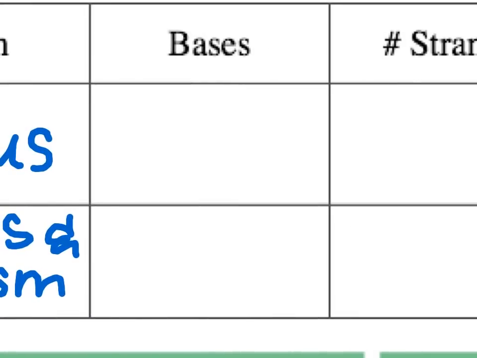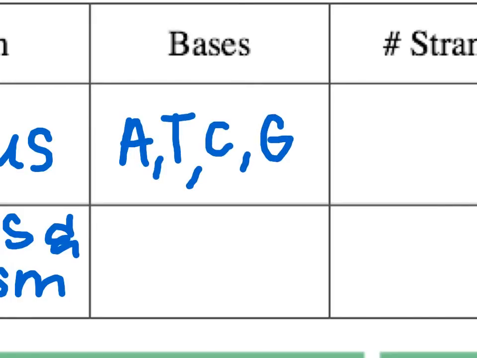The third difference between the two, DNA and RNA, is the bases that they have. DNA has the bases adenine, thymine, cytosine, and guanine, but RNA does not have thymine.